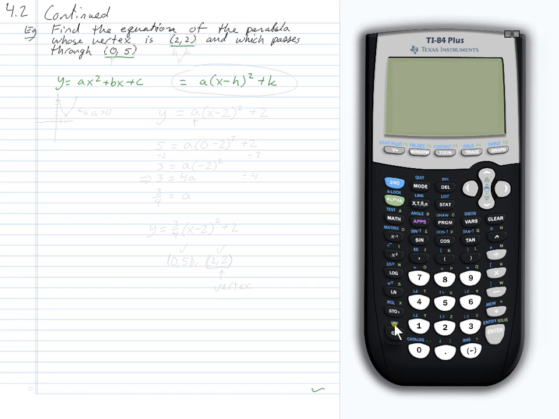So I think this form is going to be more useful to us because we can already figure out two of the three data which describe exactly how the parabola will look. So notice that h is 2 and so is k. So we can substitute those in and say, at least we know x minus 2 squared plus 2.